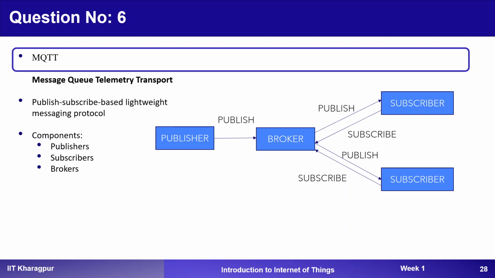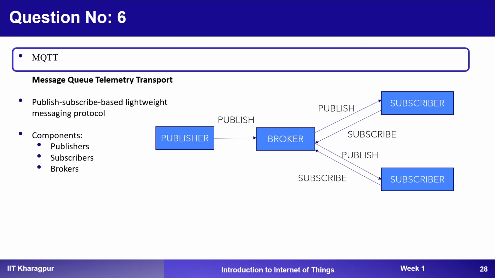In case of XMPP, there is no central server. There are various servers which are used, so it follows a decentralized architecture. After that, it is an open standard protocol, which offers security, and lastly it also offers interoperability.